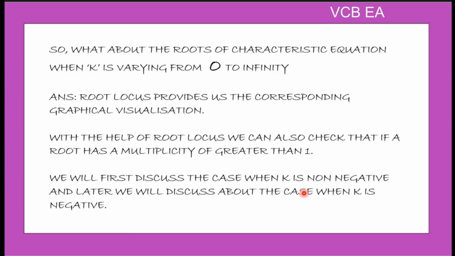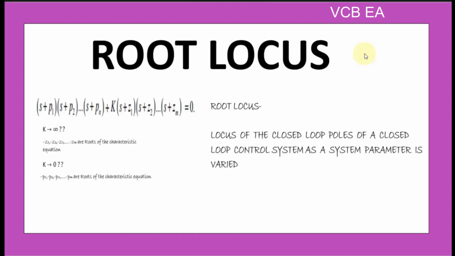We will first discuss the case when K is non-negative and later we will discuss the case when K is negative. In the next video, I will discuss the rules that are needed to construct the root locus. So, with the help of root locus technique, we will be able to find how the poles of a closed loop system are varying with respect to a system parameter K.